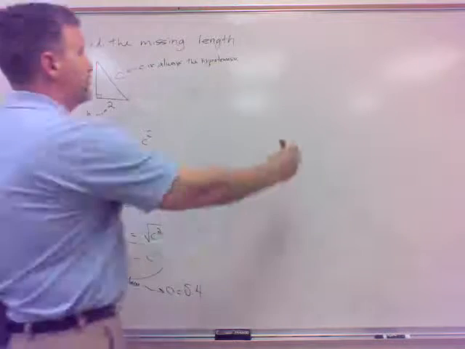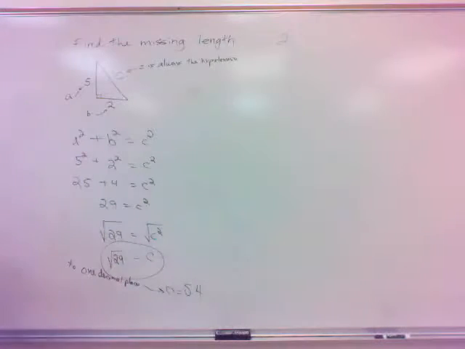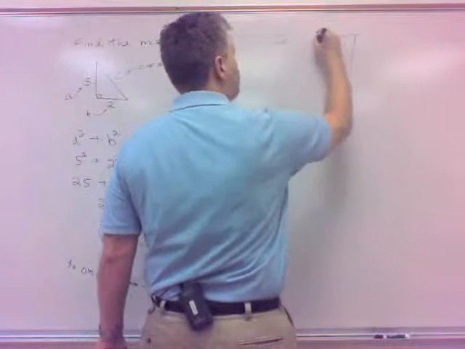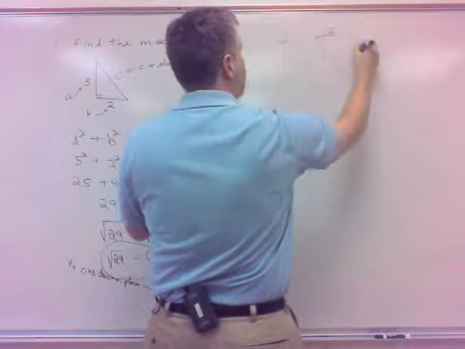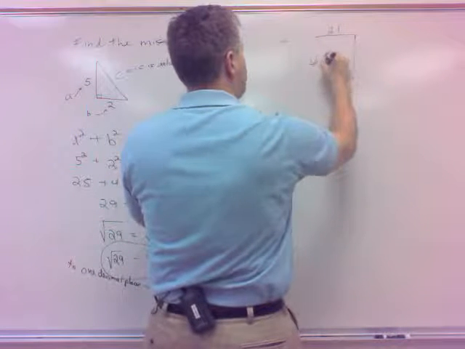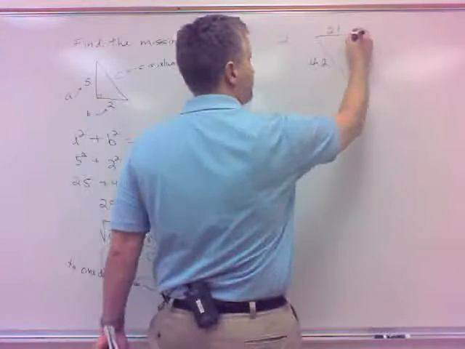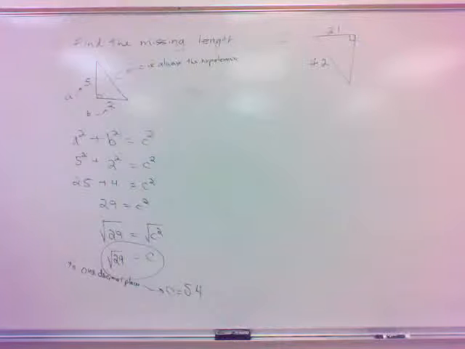So number 2, same problem. The triangle doesn't have to be shown that way, as we've done it twice now. It can be like this. That's 2.1 and 4.2 there. Of course, this is the right angle right here. Is C the missing one here?